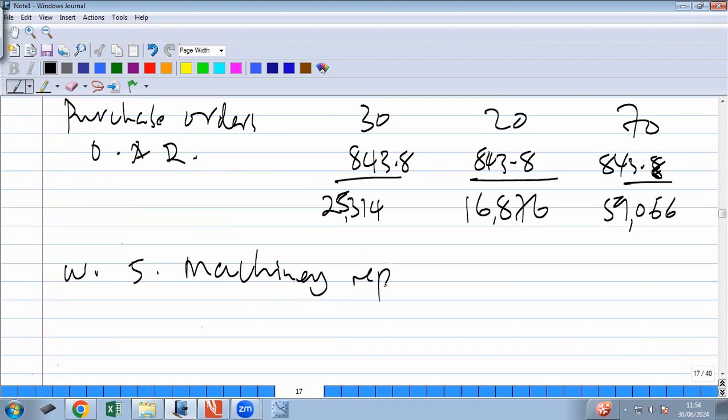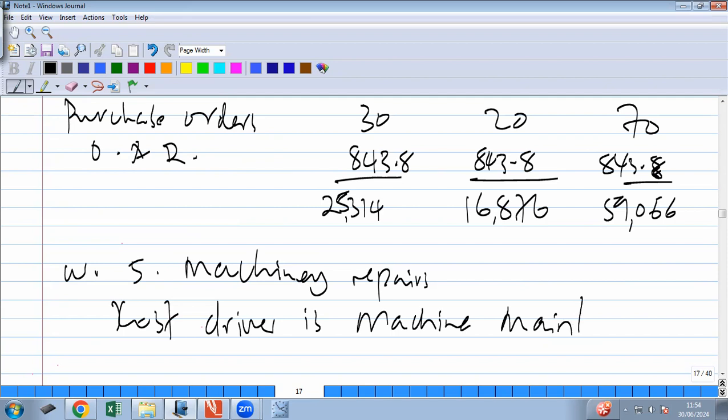Machinery repairs. Okay, and we said the cost driver is machine maintenance frequency.